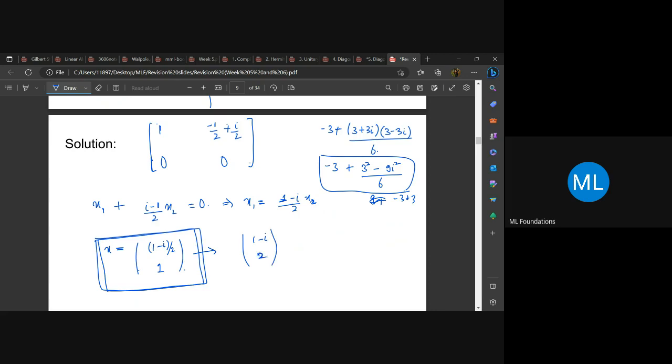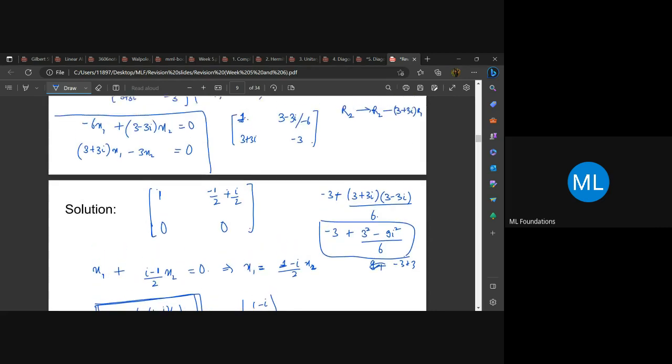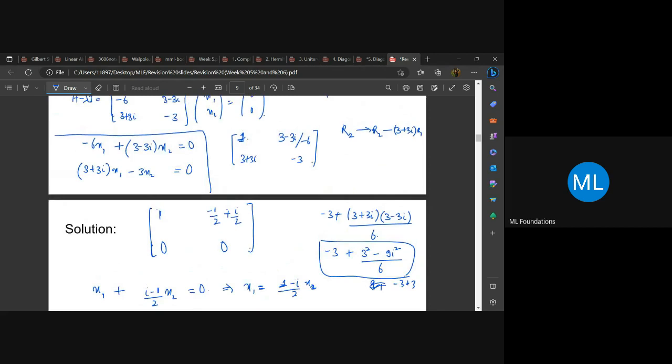I don't know what mistake I'm making. Could you just scroll up? Okay. And if we do it without the reduced row echelon form, and we look at equation 2 that you had written here, 3 plus 3i x1 minus 3x2 is equal to 0. Taking x1 as 1, what would we get x2 as?